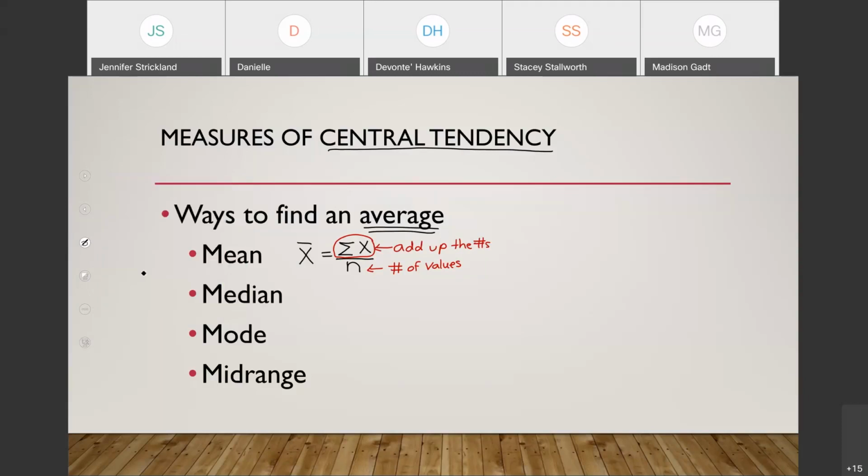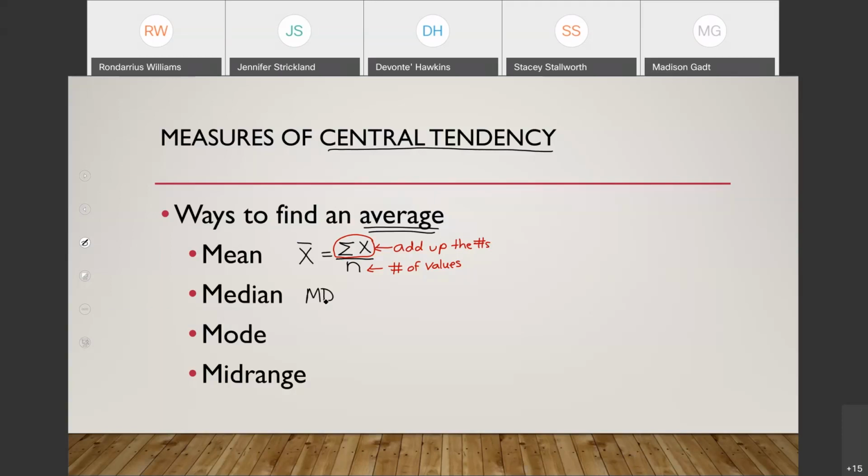All right, so for median, we're going to use as the abbreviation capital M, capital D. That's going to stand for median. Does anybody know what that one is? The middle number, right? Good, yeah, perfect.